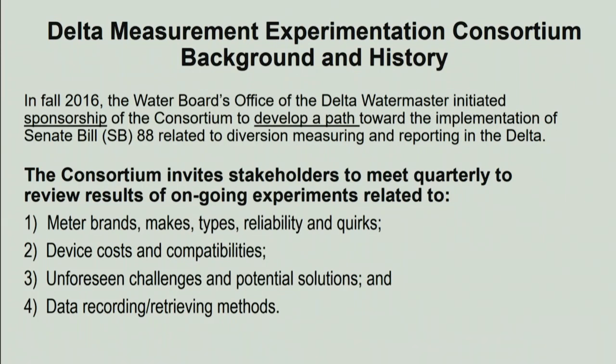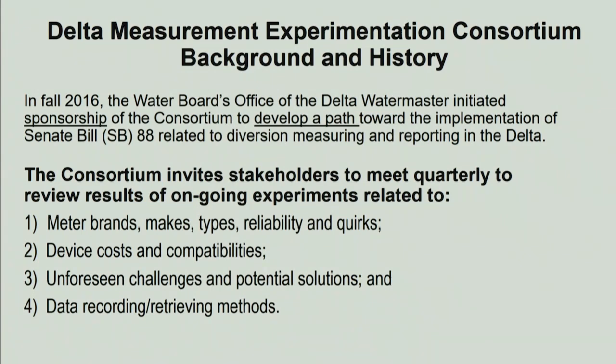This is where you decide, look, it doesn't make sense to put into use in the Delta a measurement device that has a probe that sticks into your pipe because it will get fouled in a very short period of time. So that kind of experimentation took place. We tried to look at what kind of devices are compatible, what meters work with what telemetry.